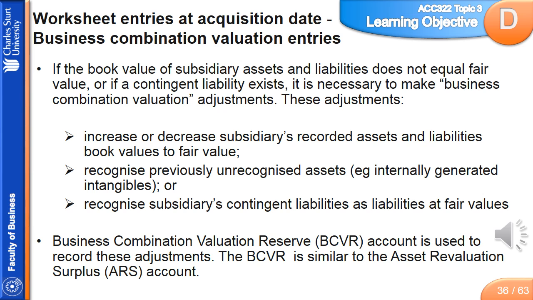Also, AASB 138 Intangibles doesn't allow a subsidiary to recognise internally generated goodwill or internally generated assets unless they're considered development. Anyway, without going too much into that, this also applies to contingent liabilities if they don't meet a provision. So as a result, it's more likely these adjustments will be made via the consolidation process.